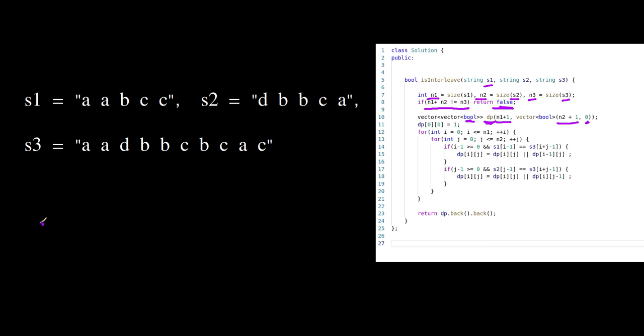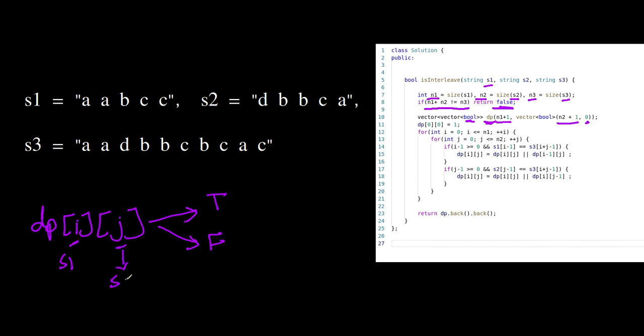Now when we say dp of i, j, this tells us if it's true or false to solve for the first i characters in s1 and the first j characters in s2.